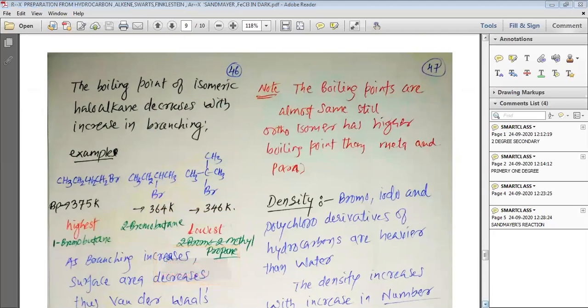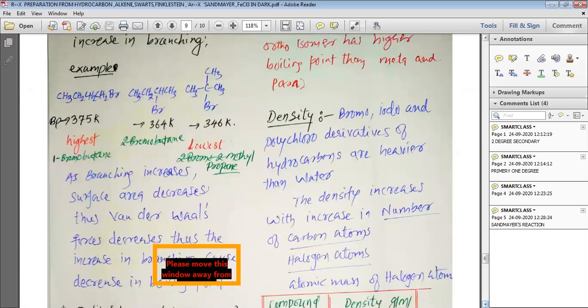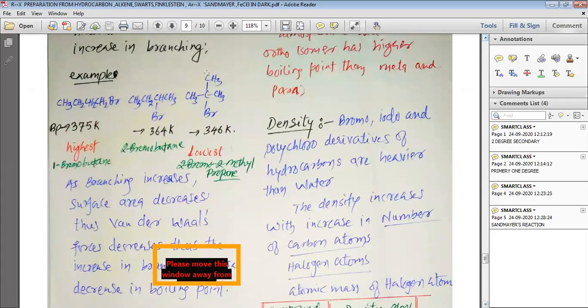Please remember, my dear students, that as branching increases, surface area decreases, thus the van der Waals forces even decrease. And as the van der Waals forces decrease, the increasing branching causes a decrease in the boiling point. You can see here that we have various isomers with the same 4 number of carbon.